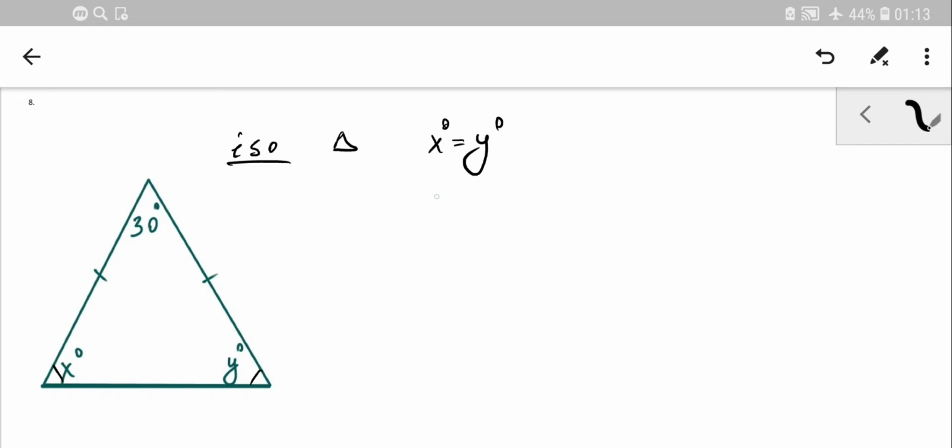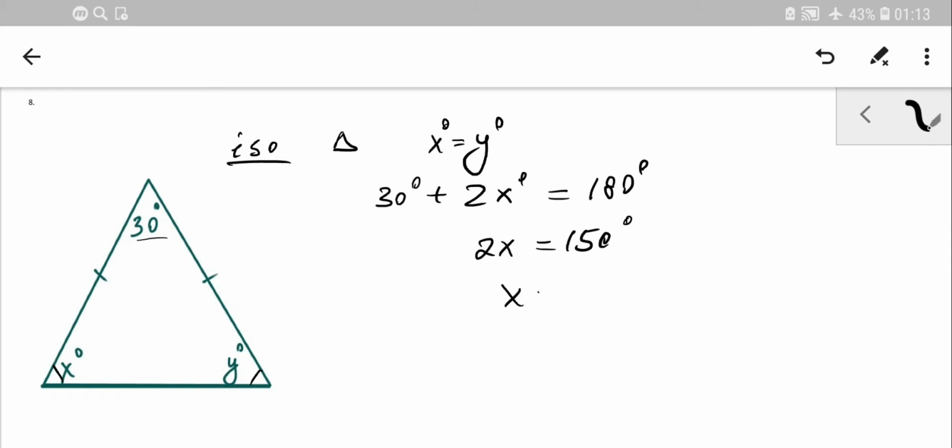That's why instead of y, we can consider it as x. And lastly, 30 with 2x's should be 180 together. So 2x is 150, and x is simply half, 75. So y is also 75.